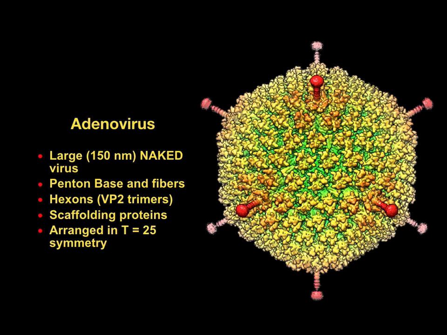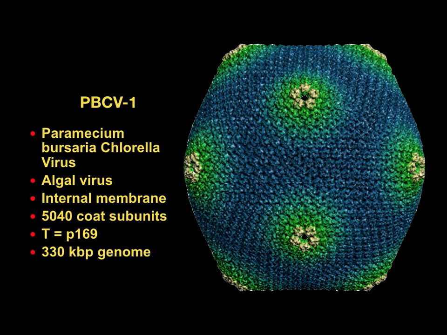We can also see these fibers that are located where the pentamers are. This one is an algal virus that has a membrane inside the virus, and it has a T number of P169. So it has a giant genome, so now it's trying to make a giant capsid.